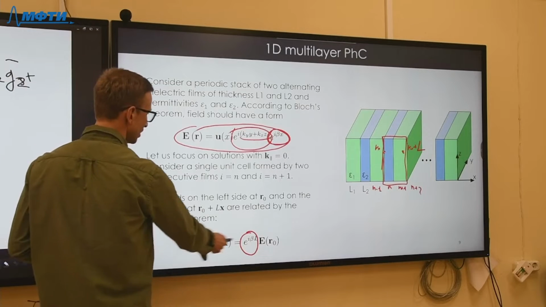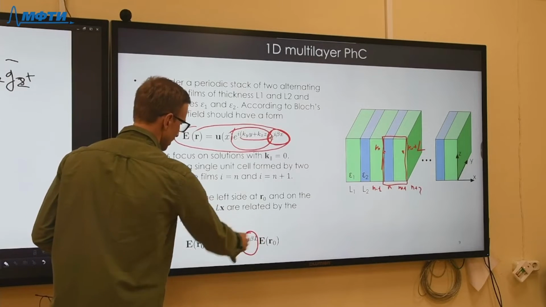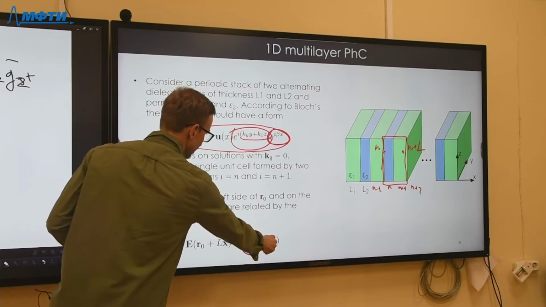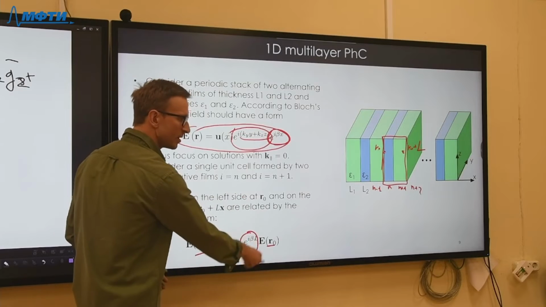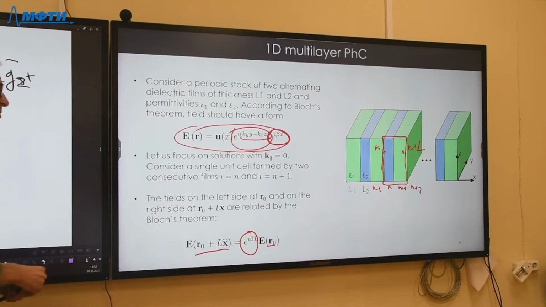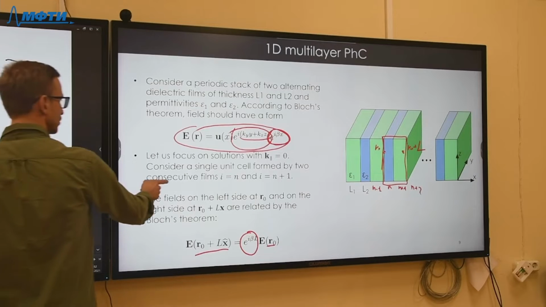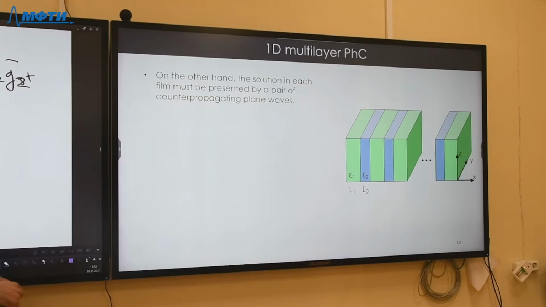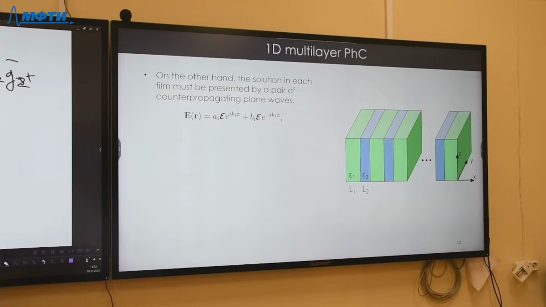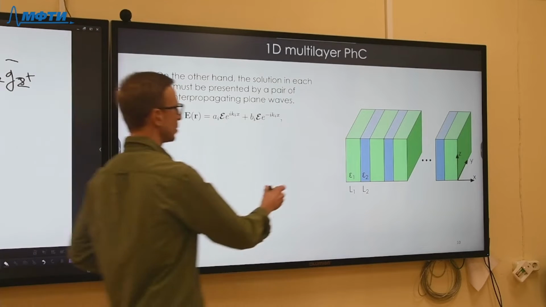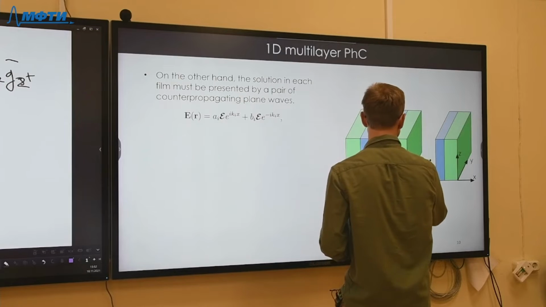If only we knew the relationship between the electric field here and the electric field here, we could in principle try to resolve this equation, and then that would give us access to beta, but we don't. How should we do this? Well, this is where the transfer matrix formulas come into play. Now we can represent the total electric field in each film as a set of two counter-propagating plane waves. Again, I'm going to draw my unit cell.